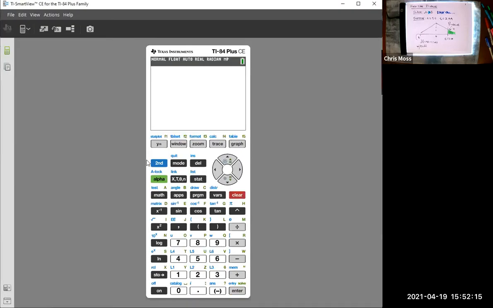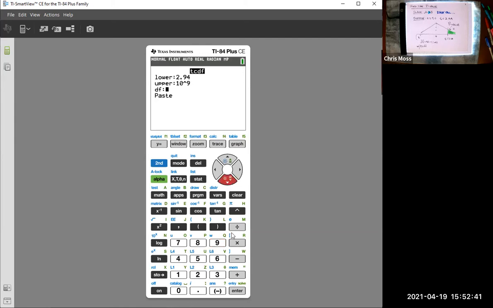Clear that out. Second, distribution, tcdf. The lower limit, 2.94. Upper limit, 10 raised to the 9th power.